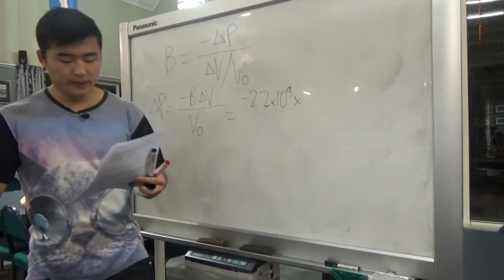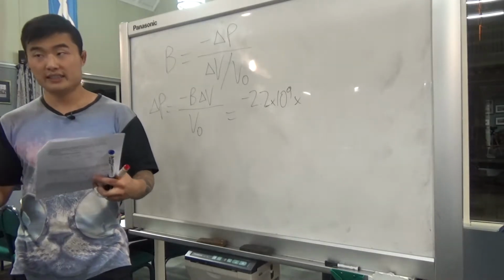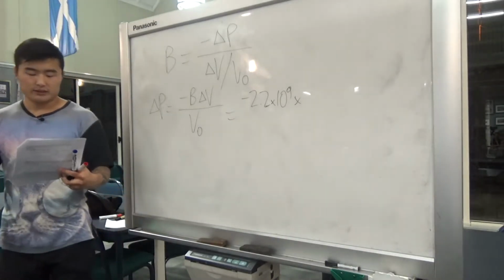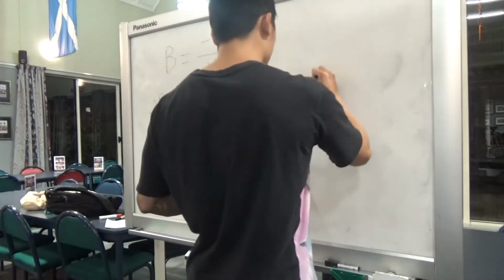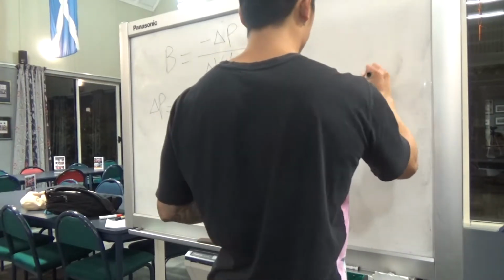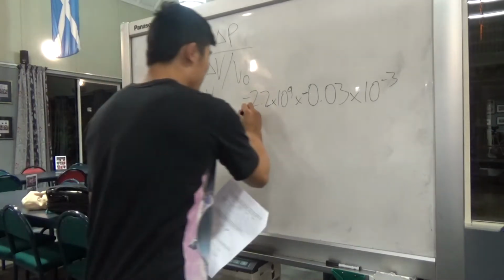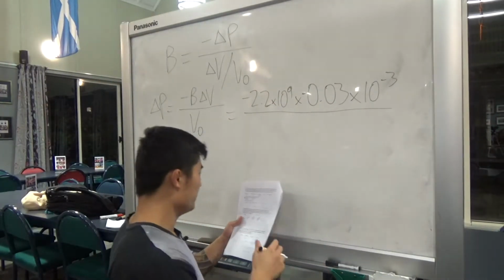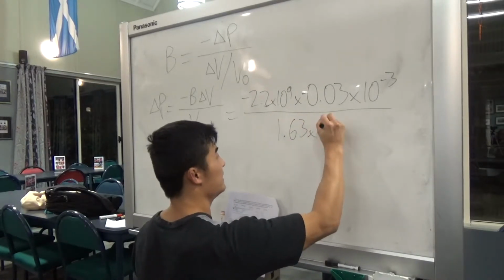So the change in volume here is 0.03, so negative 0.03 because it's reduced. 0.03 times 10 to the negative 3 meters cubed. And that's over the original volume, which was 1.63 times 10 to the negative 3.